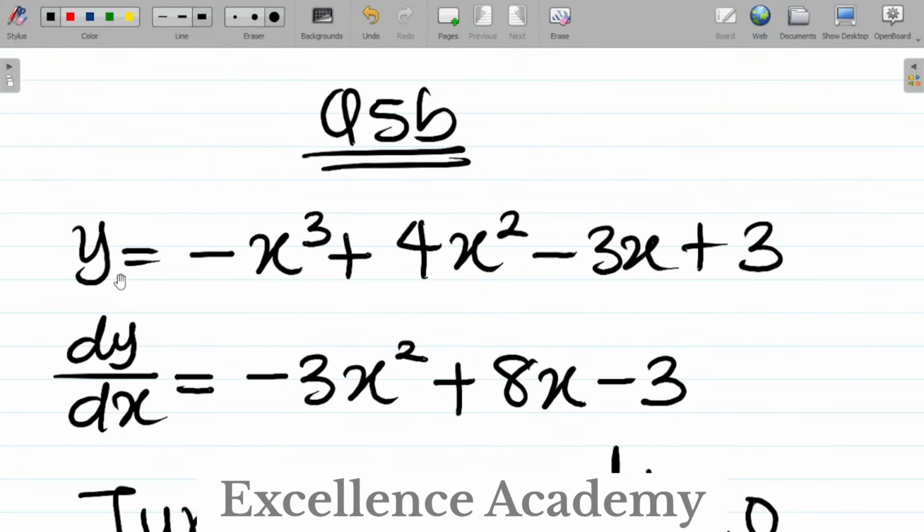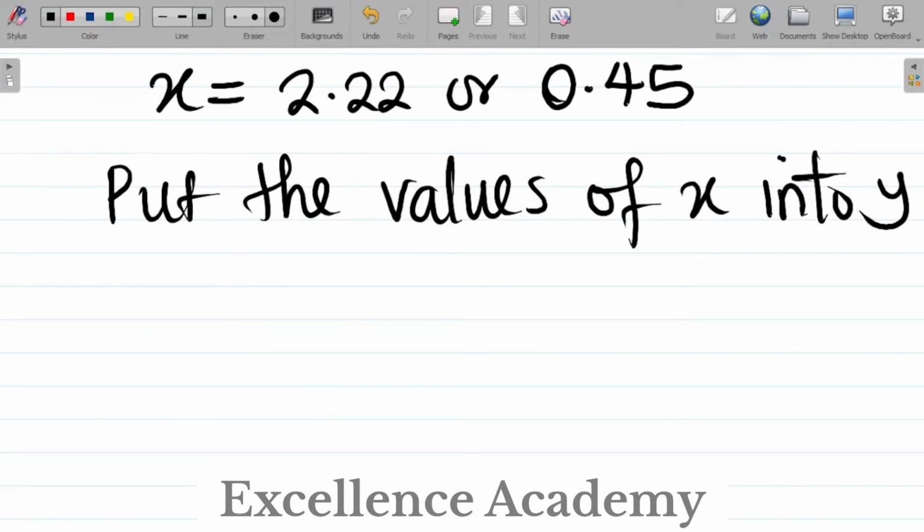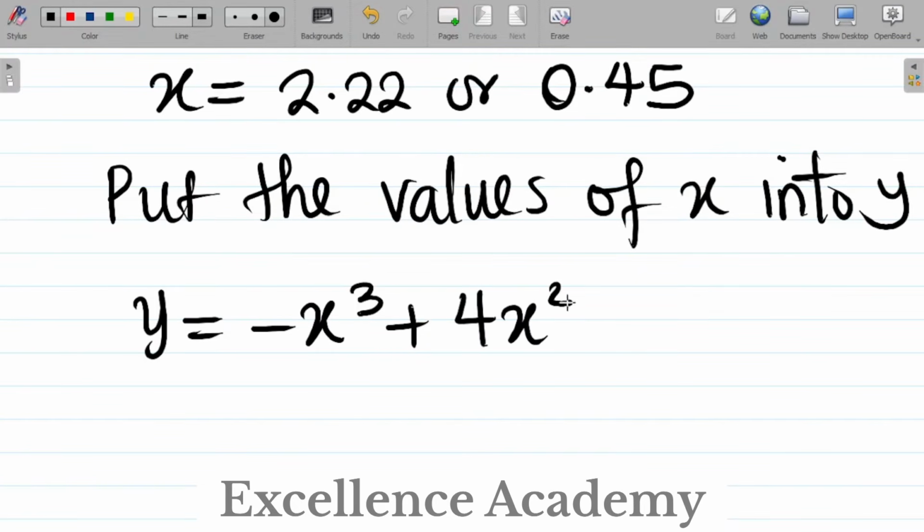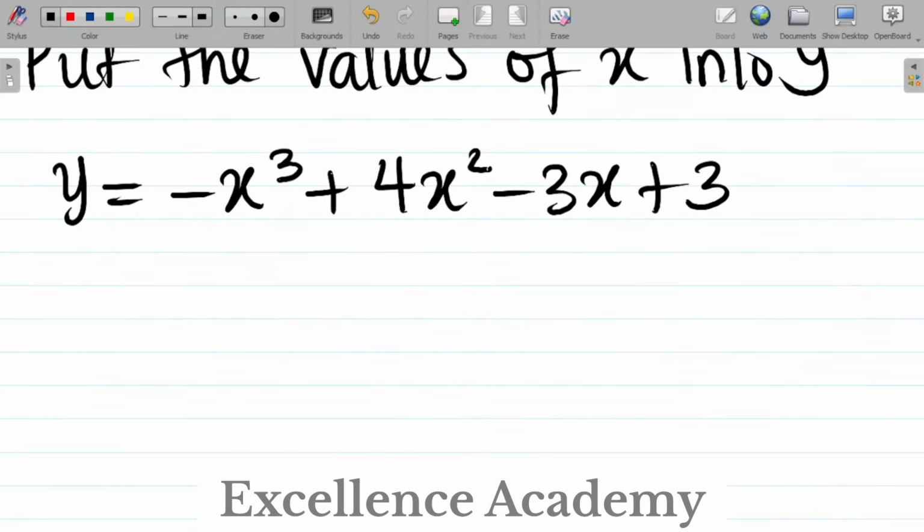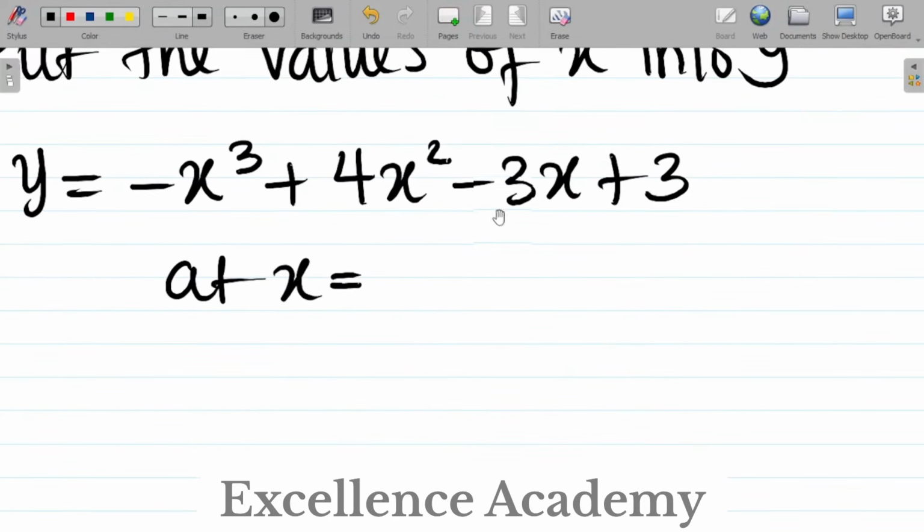From here, we have that y is equal to minus x cubed plus 4x squared minus 3x plus 3. At x equal to, the first point we have here is 2.22.